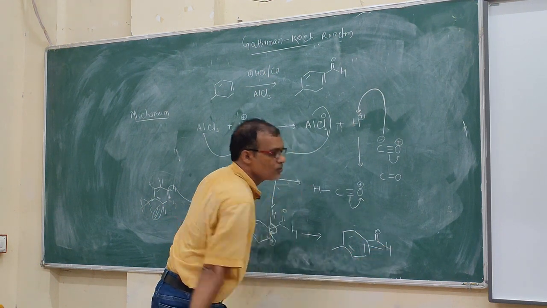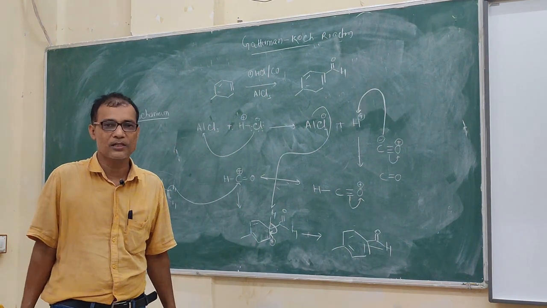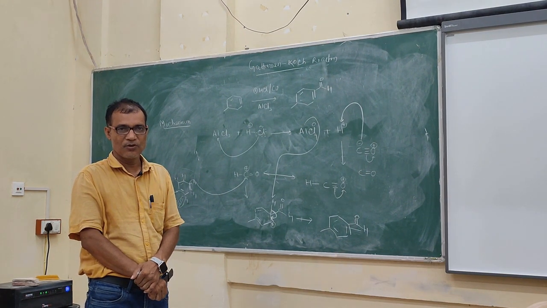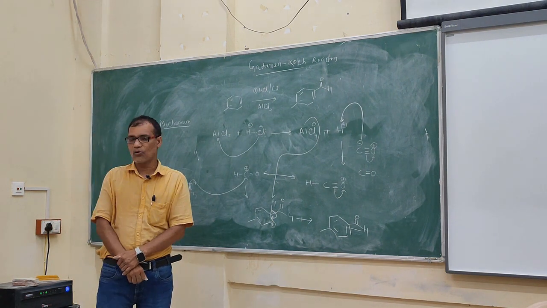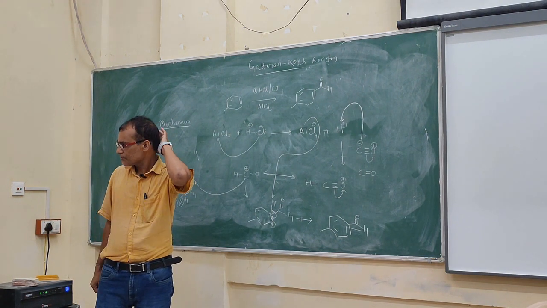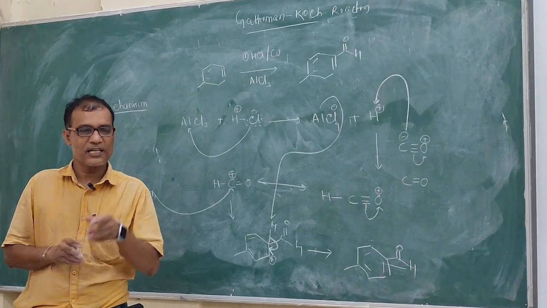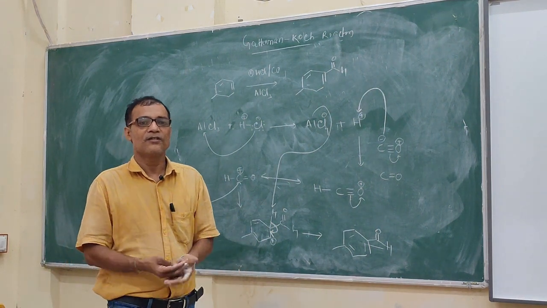so this is Gattermann-Koch. In Gattermann-Koch, we are using carbon monoxide and HCl in presence of aluminum chloride. Okay, you got my point? So the aluminum chloride helps to generate, which one? H plus. That H plus is taken by CO. That makes the carbon center, what is that?